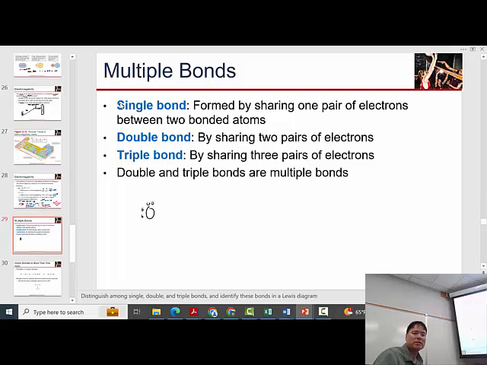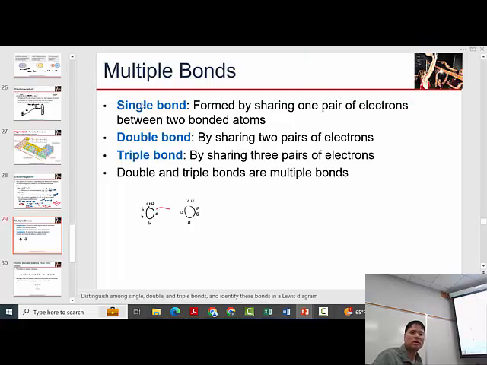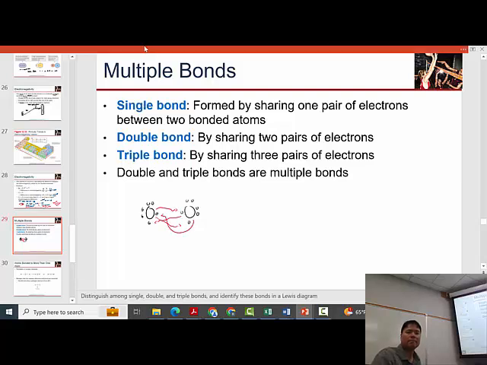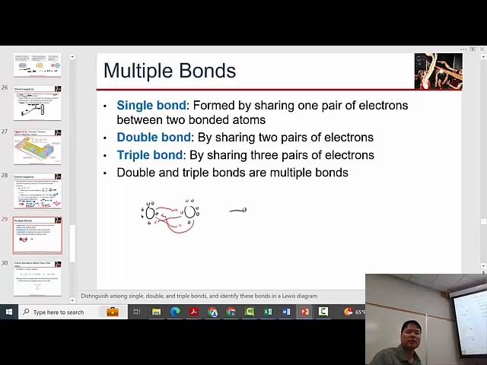Oxygen has 6 valence electrons, and it can achieve an octet if it shares 2. So this is what we expect for oxygen.